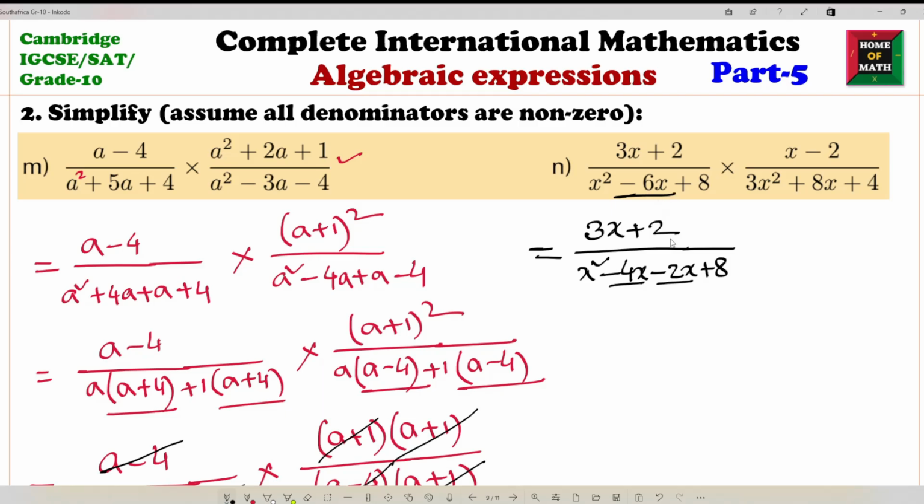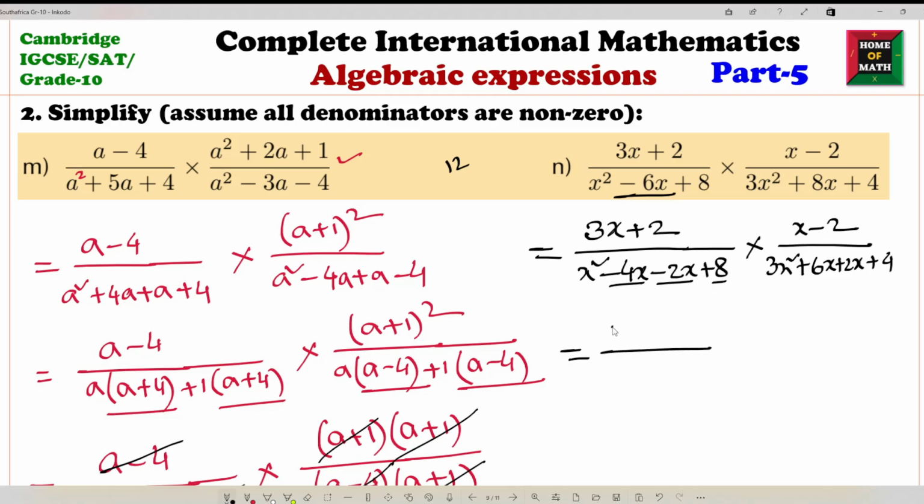It will be minus 6x, and the variable coefficients are 4 and 2, so 4 times 2 means 8. Then for 3 times 4, which is 12, we write 3x square plus 6x plus 2x plus 4.